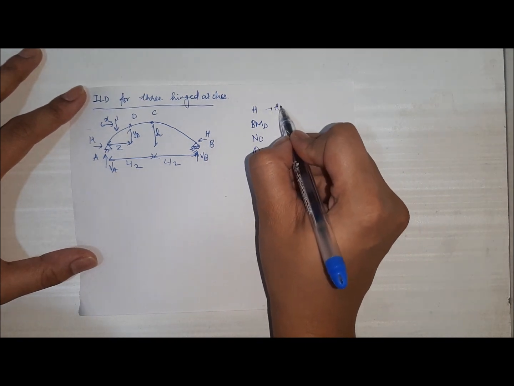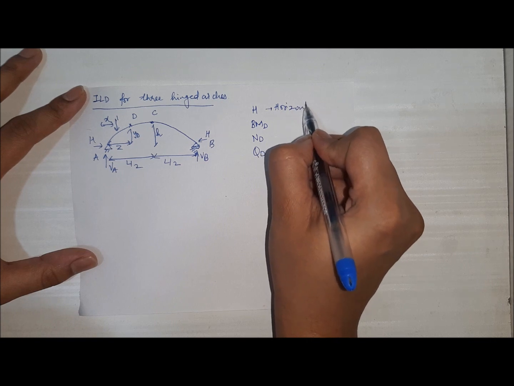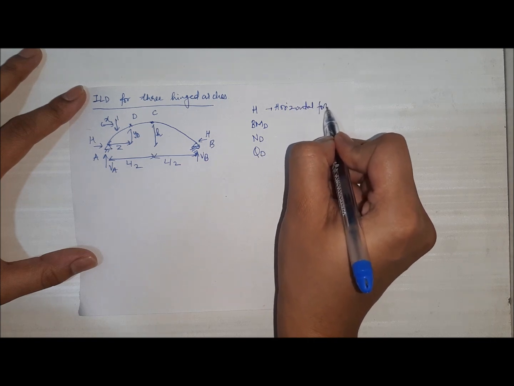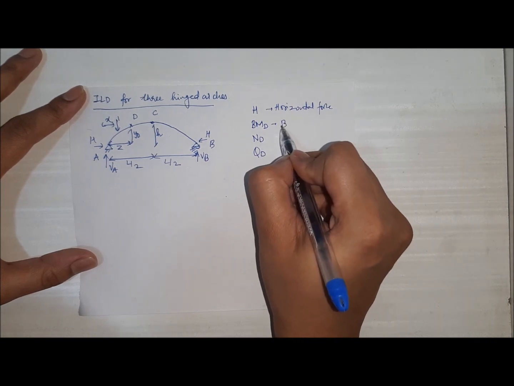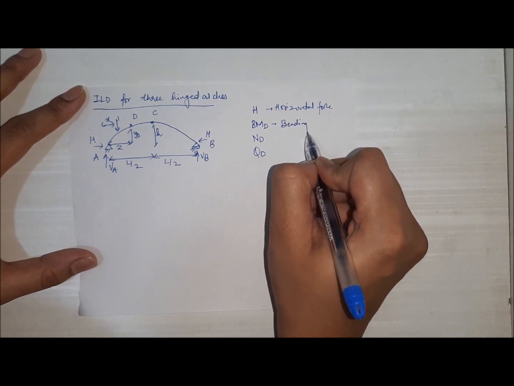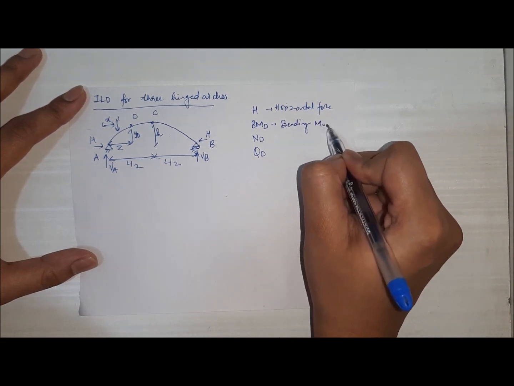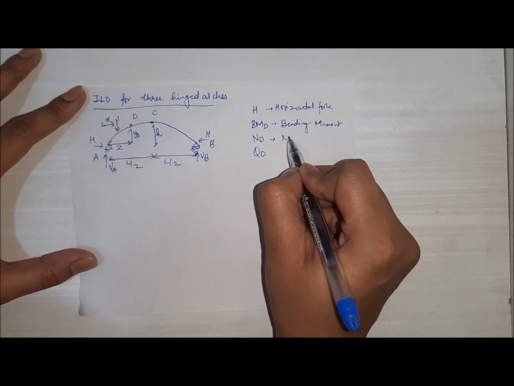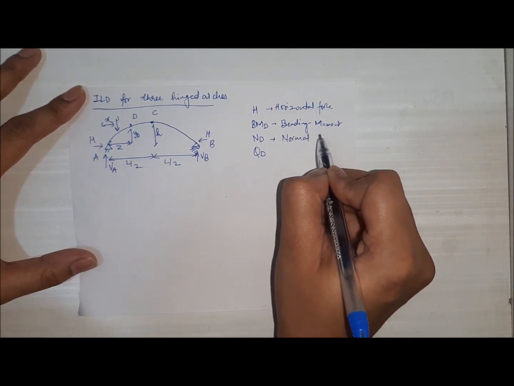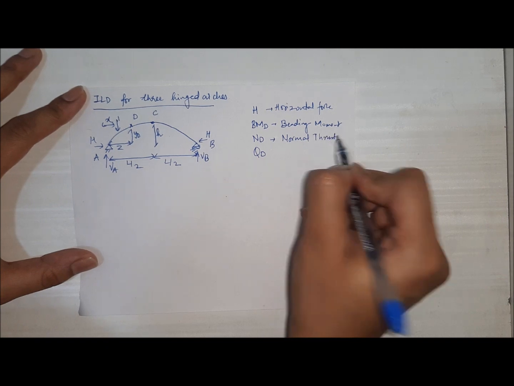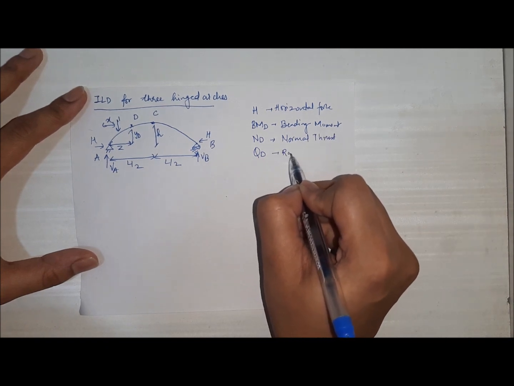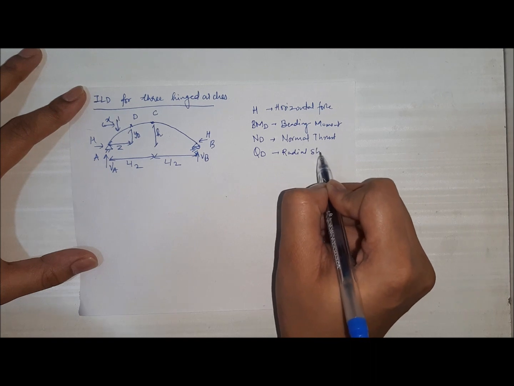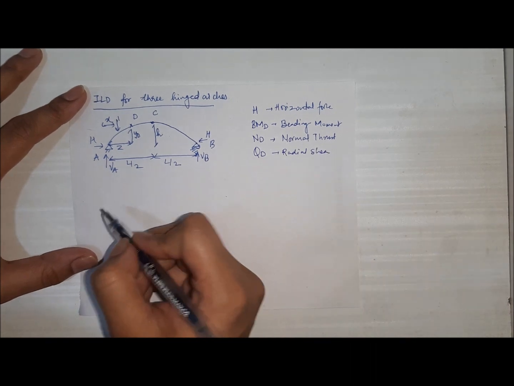This is the horizontal force. This is the bending moment as we have seen in the beam part also. This is the normal thrust, and this is the radial shear, right?